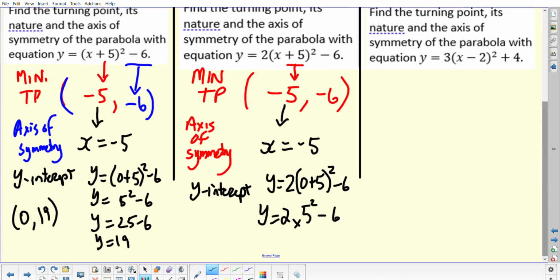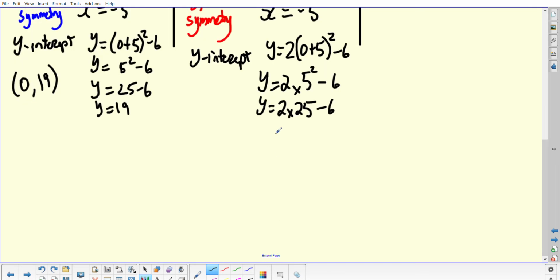You can either use the calculator to do that or work through it on your own. 5 squared is 25, and 2 times 25 is of course 50. Take away 6 and you get 44. So this time your y-intercept would be the point 0, 44.